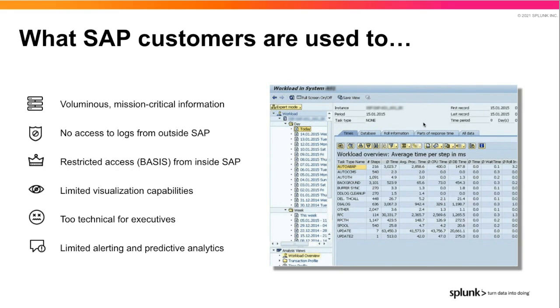And this is really dangerous because SAP is mostly part of your most critical business services. You also have really limited capabilities in visualization and search inside of these tools, not like in Splunk, and they're just meant to be used by really technical folks. Also, the alerting and predictive analytics is really limited inside of these tools.